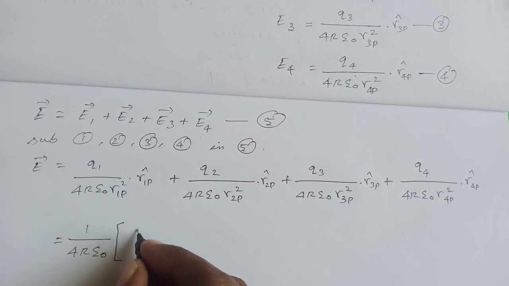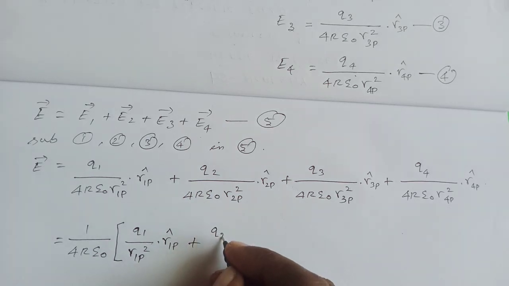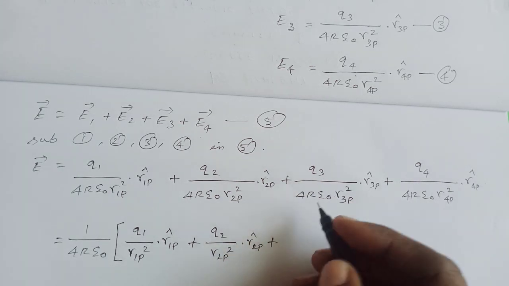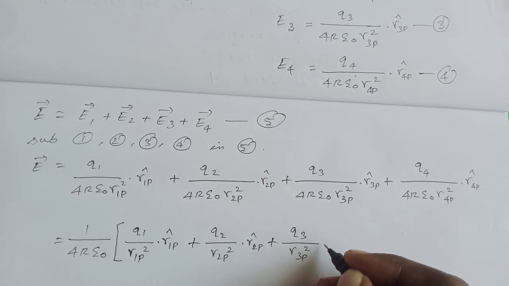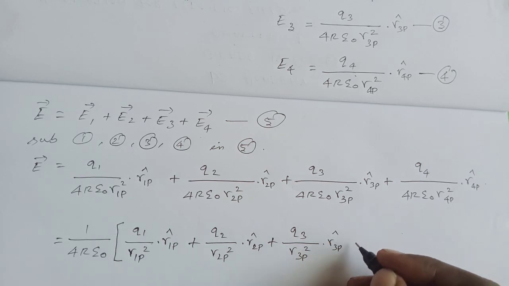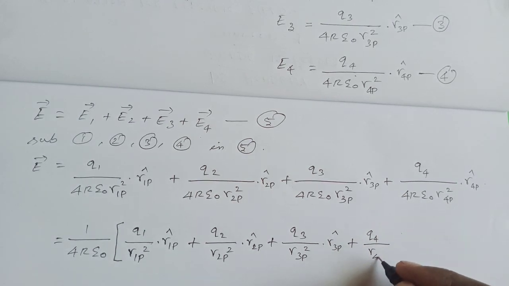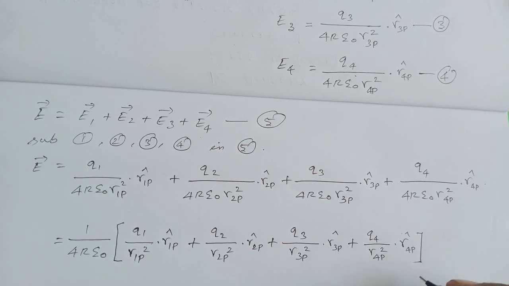In the first term Q1 is there, divided by R1P square, so R1P square into R1P cap, plus in the second term Q2 divided by R2P square into R2P cap, plus in the third term Q3 divided by R3P square into R3P cap, plus in the fourth term Q4 divided by R4P square into R4P cap. Okay children, is it clear?